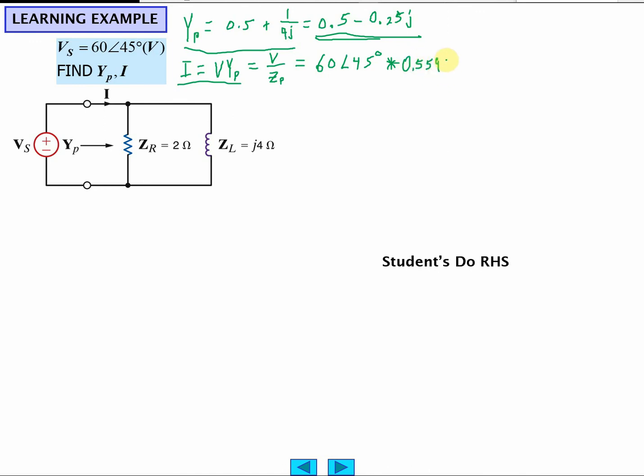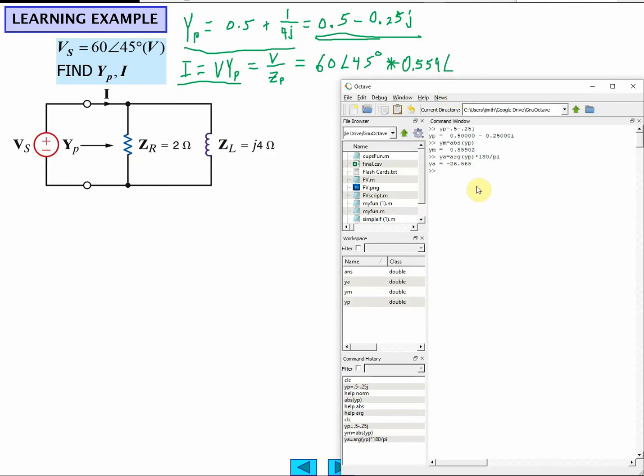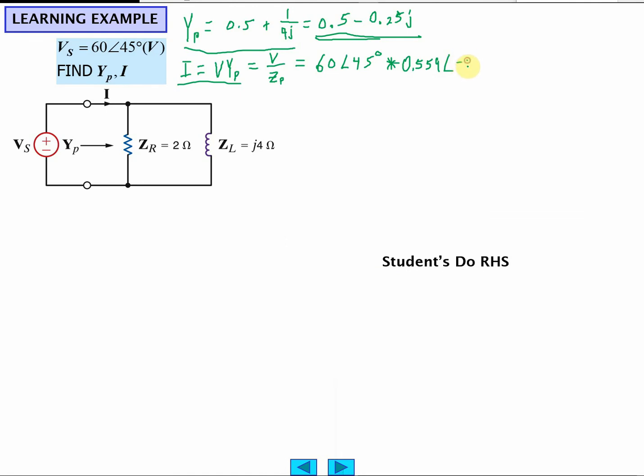I'll round it to three significant digits.